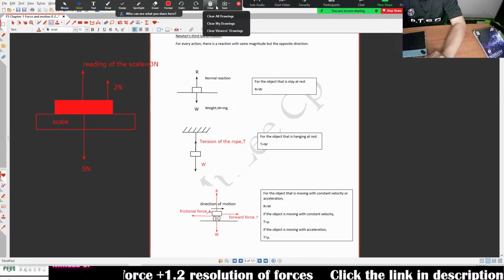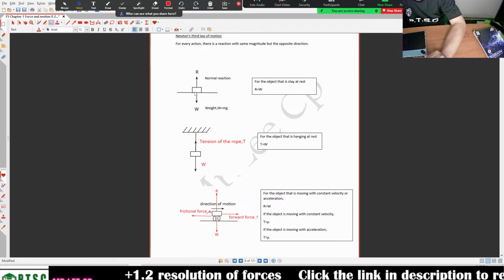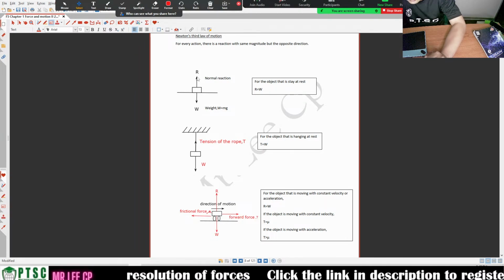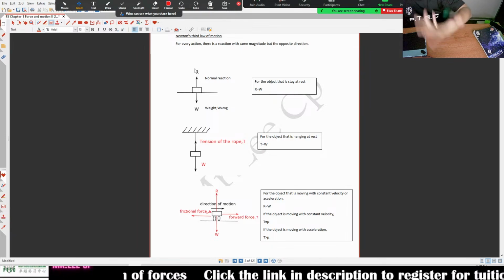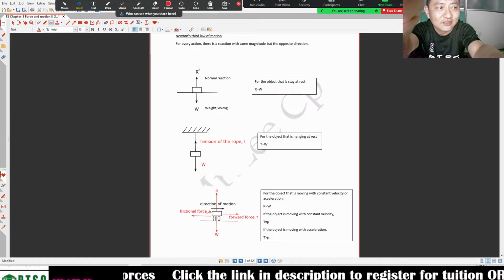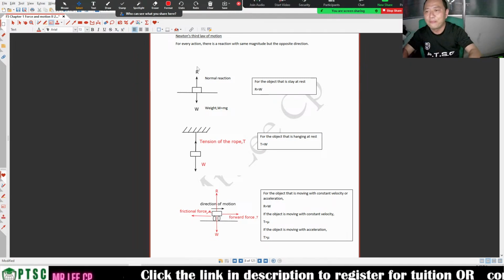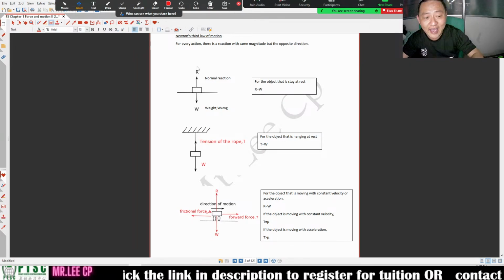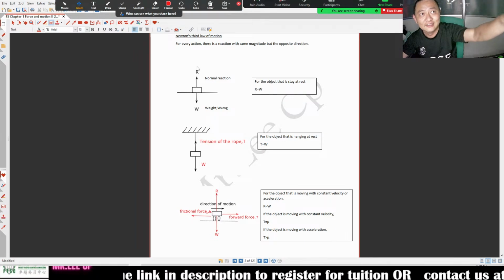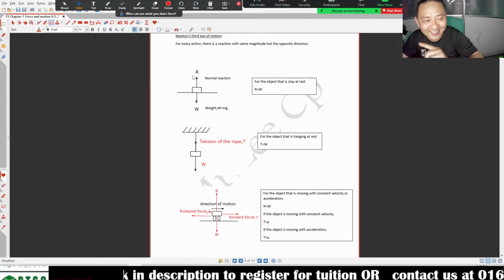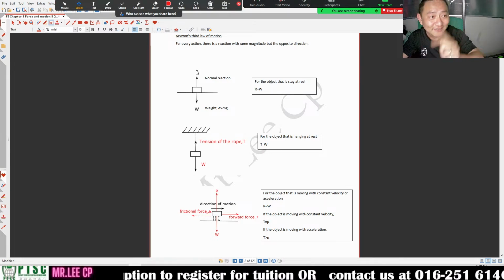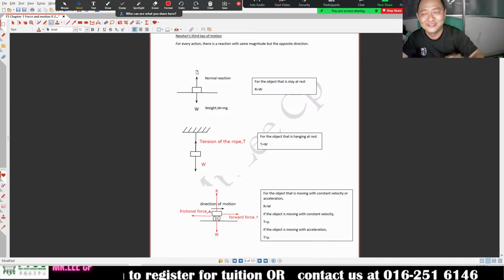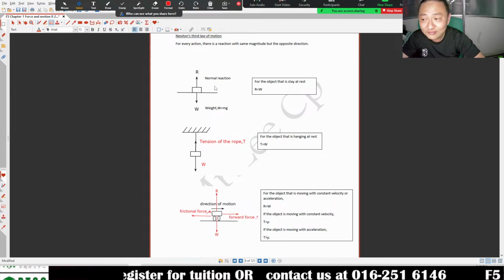Alright, so now what we have here is a weight and a reaction. They will be the same. You can imagine the normal reaction as the reading of the scale.